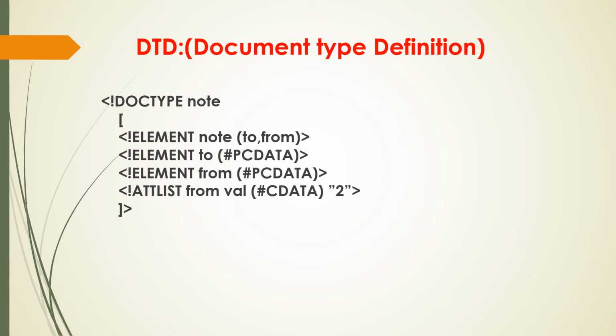DOCTYPE contains ELEMENT and ATTLIST subtags. The ELEMENT tag indicates the subtag names. The ELEMENT tag indicates whether the subtag is PCDATA. PCDATA means parsable character data. The ATTLIST tag contains the attribute name and value. Here the attribute type is CDATA. CDATA means character data.